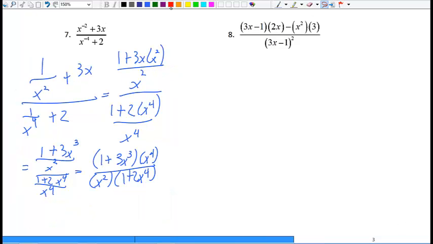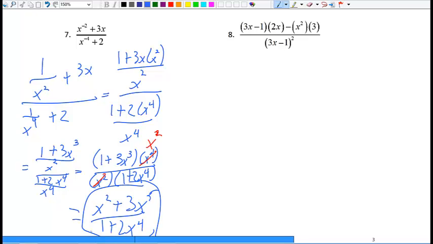Just like last time, we noticed that x squared and x to the 4th divide, giving us x squared in the numerator. So when we distribute that in, we get x squared plus 3x to the fifth over 1 plus 2x to the fourth. And that's our answer for that one. Okay, number 8.